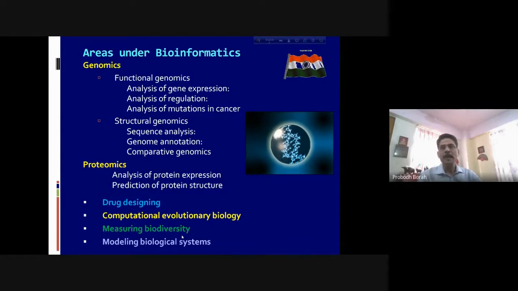So computational models can be generated by which we can also design a desired genomic structure. And it has gone beyond that now to understand how we can model the desired type of organism by application of the knowledge of an emerging area under bioinformatics that is called synthetic genomics. So we shall discuss a little bit later on about synthetic genomics also.